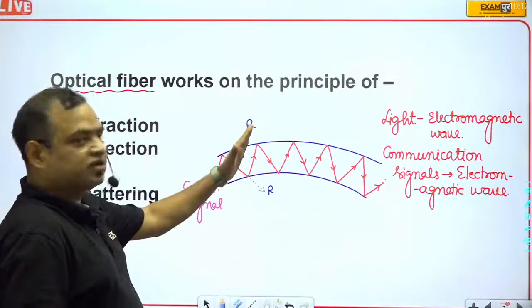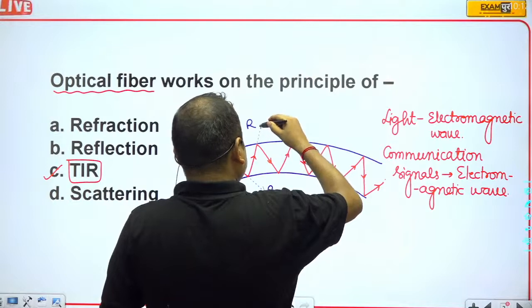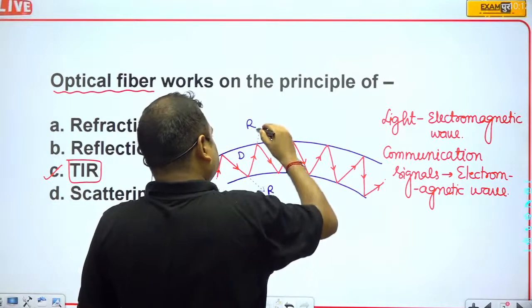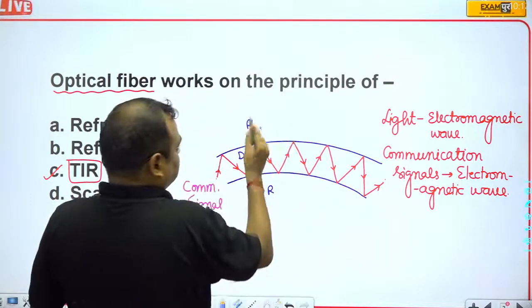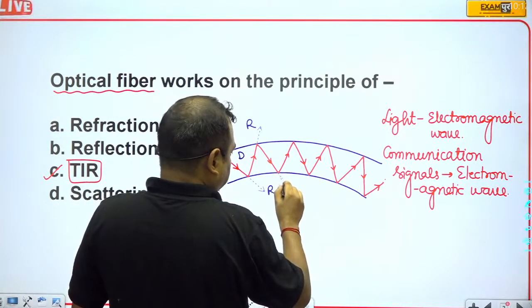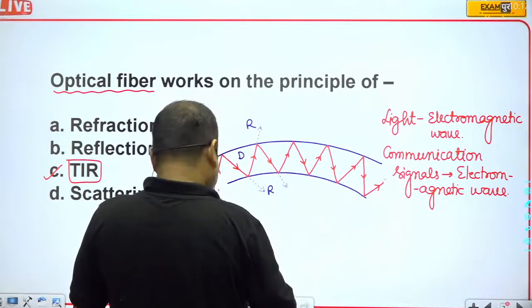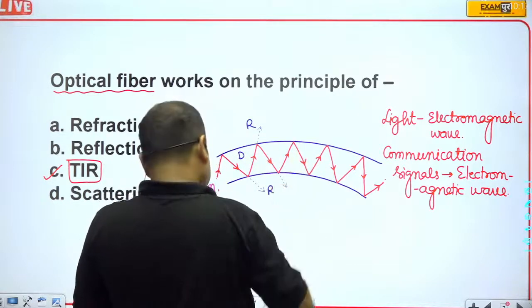It returns back to the denser medium. Again the light ray wants to go into the rarer medium, but it cannot, and it just returns back to the denser medium.